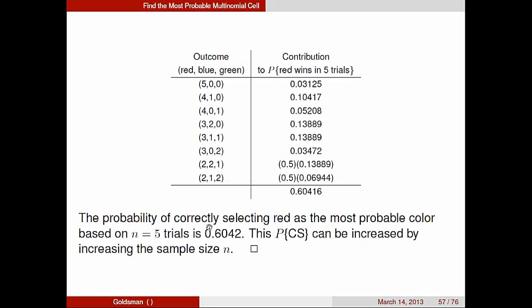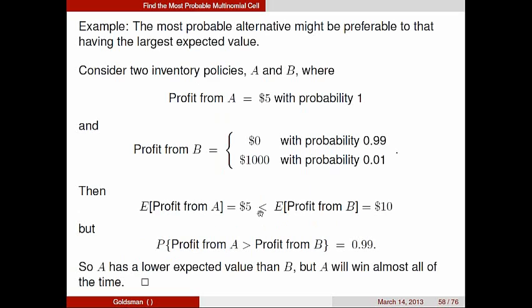So with that in mind, I've got just 3 or 4 minutes. I'm going to just show you a procedure. One last thing, I forgot about this. You may not be interested in finding the most probable alternative. For instance, if I have 2 inventory policies, A and B, the profit from A is $5 with probability 1. The profit from B is $0 with high probability and $1,000 with probability 0.01.